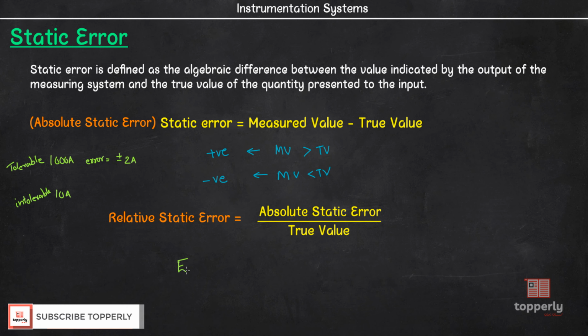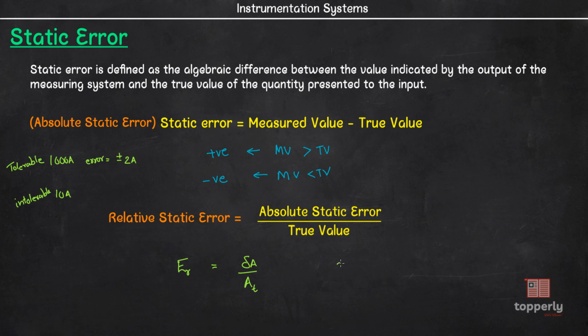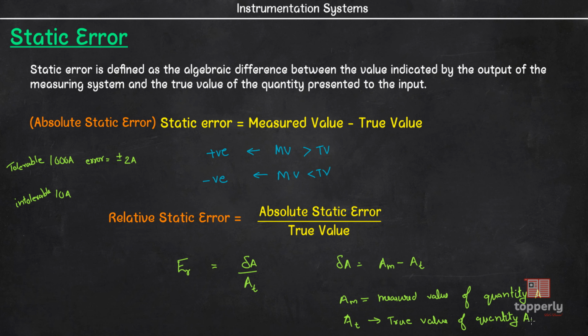That is, relative static error ER is equal to ∂A by AT, where ∂A is equal to AM minus AT, AM is the measured value of quantity A, and AT is the true value of quantity A. Sometimes relative static error is expressed in percentage as percentage ER is equal to ER into 100, which is ∂A by AT into 100.